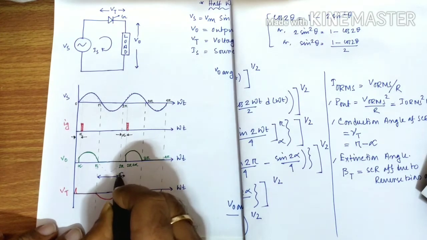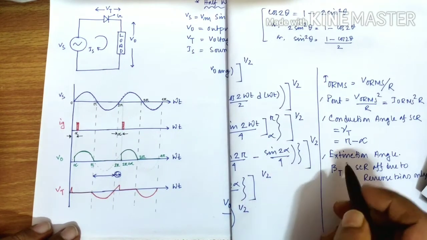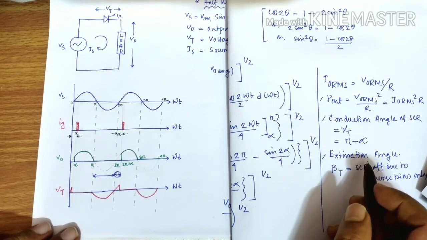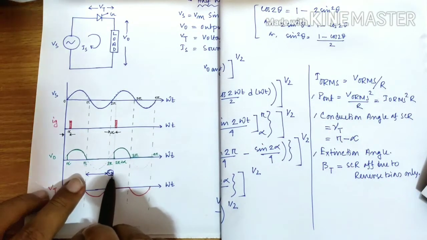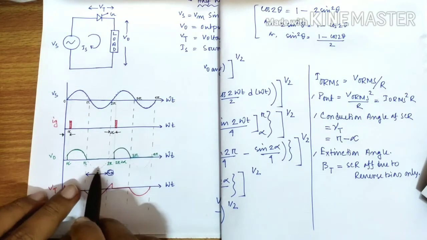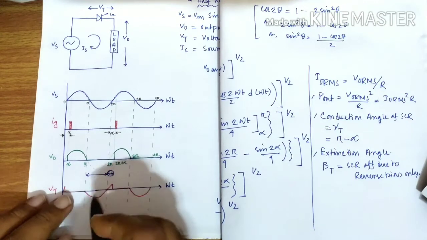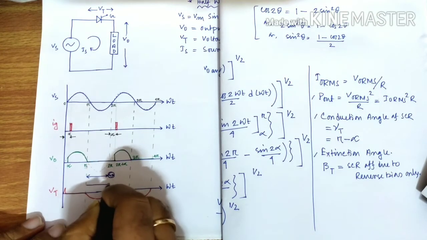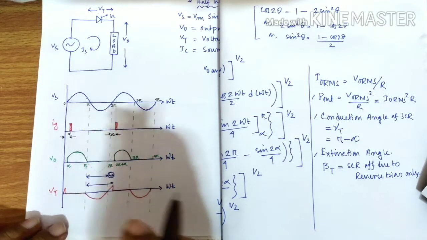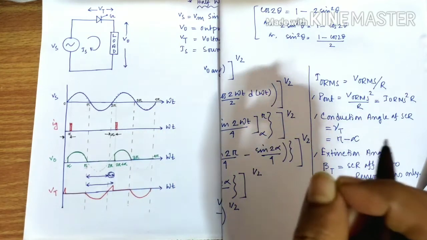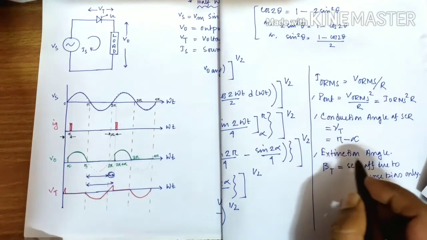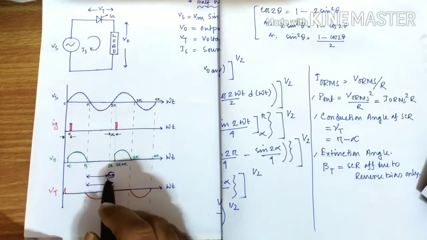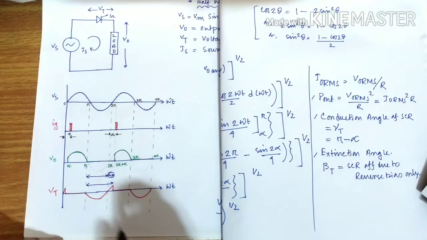But this region is not considered in case of extinction angle. So remember, extinction angle does not say what is the amount of angle during which SCR is off. If that happens, then it should be pi plus alpha, because the total duration of turning off of the SCR is pi plus alpha. But here it is called extinction angle.